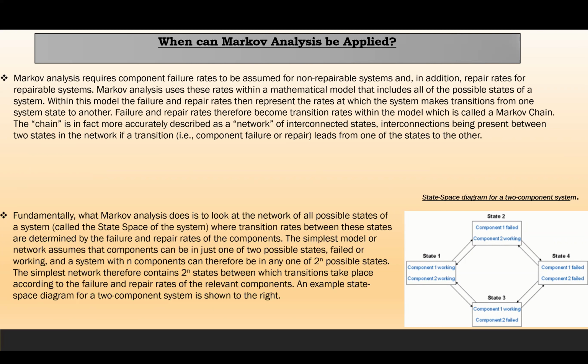A system with n components can therefore be in any of 2^n possible states. The simplest network therefore contains two states, between which transitions take place according to the failure and repair rates of the relevant components. An example state space diagram for a two component system is shown to your right.